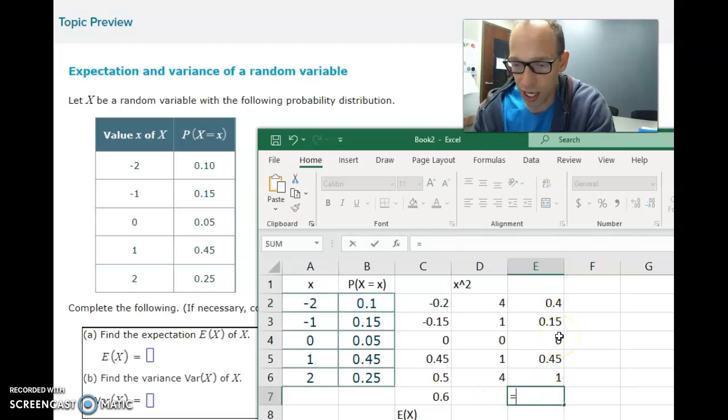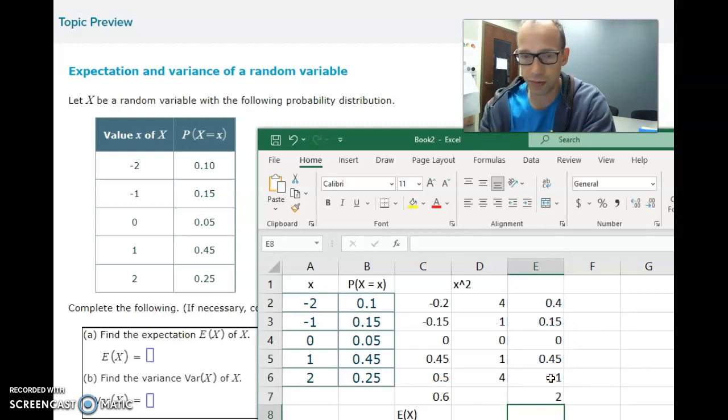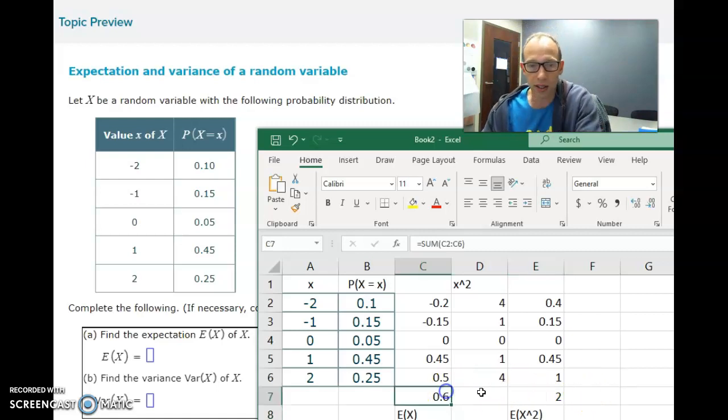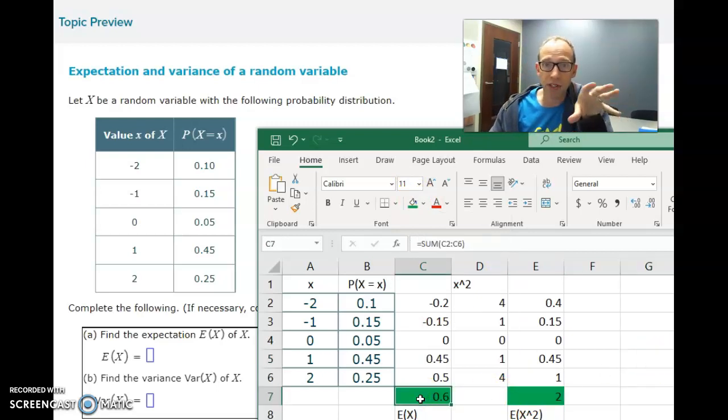We can do a sum again, sum of this column right here. So this is going to be the expected value of the x squareds. In other words, this 2 right here, let me highlight both of these numbers. The 0.6 is my average value of x. The 2 is my average value of x squared.